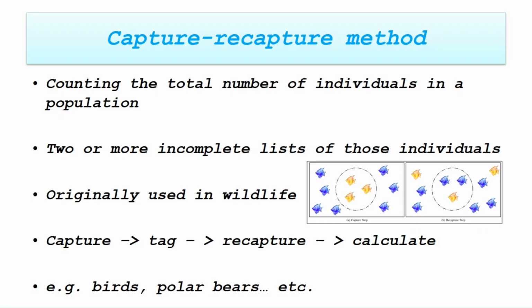Capture-recapture method. It is not a type of sampling method, but we use this method for capturing a sample from two or more incomplete lists. It counts the total number of individuals in a population using two or more incomplete lists of those individuals.